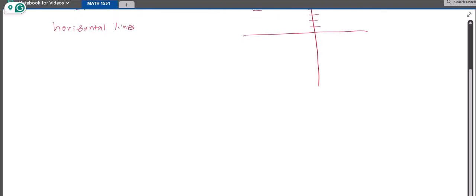The second one are linear. So linear means it has an x to the first power. It's linear, not counting constants.